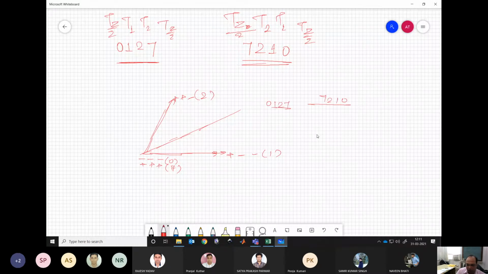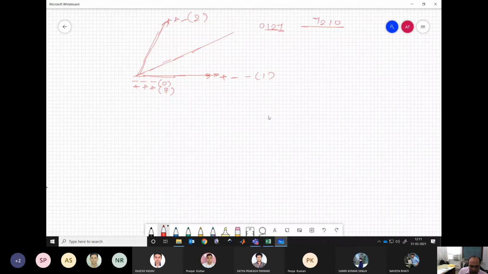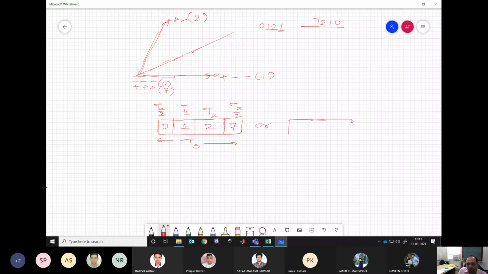If we write a subcycle or sampling interval, this is one sampling interval, let's say. We have this sequence where the zero vectors are equally divided and the time given is tz by 2, tz by 2, and the time for the active vectors is t1 and t2. So one sequence is like this, 0, 1, 2, 7. Or for the same Ts, we can have the other option.